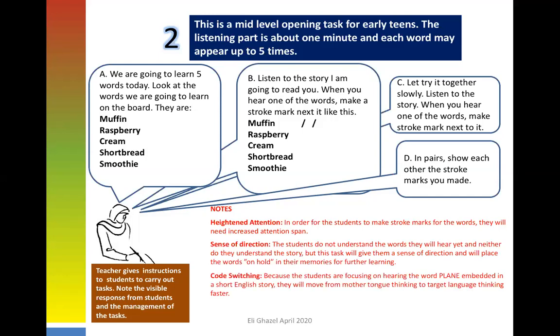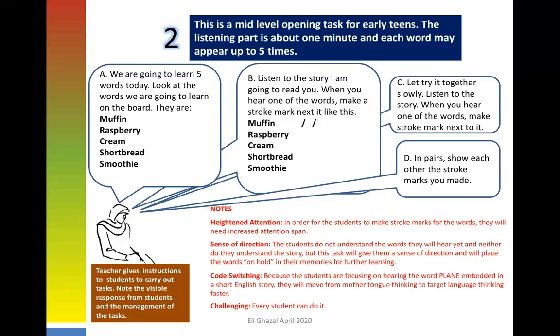Code switching, again, I'm sorry, I need to fix one of the words down there, but you cannot make a stroke mark next to the word muffin that you hear in a story if you're not listening in English. Again, the native language has been drowned between quotation marks. And finally, everybody can do it. It's not difficult. Let's move the level up.